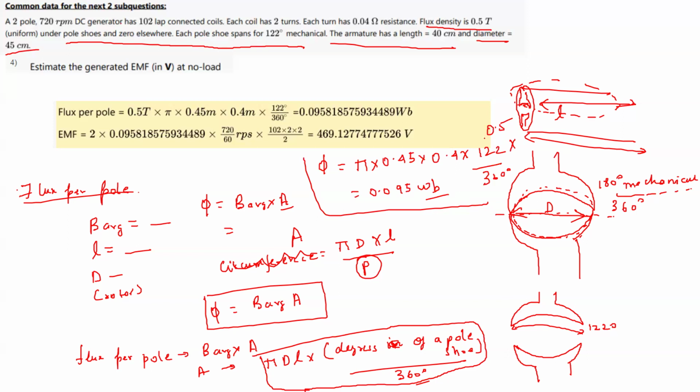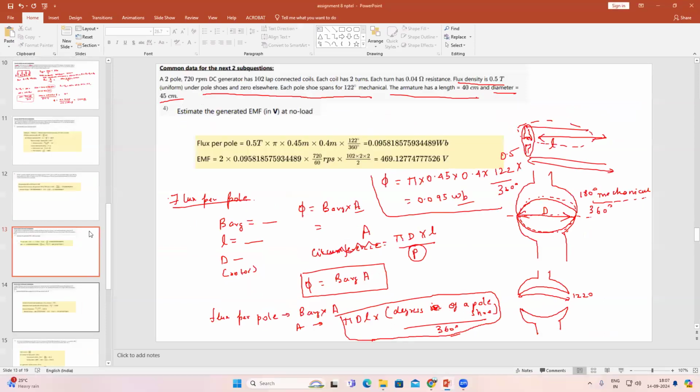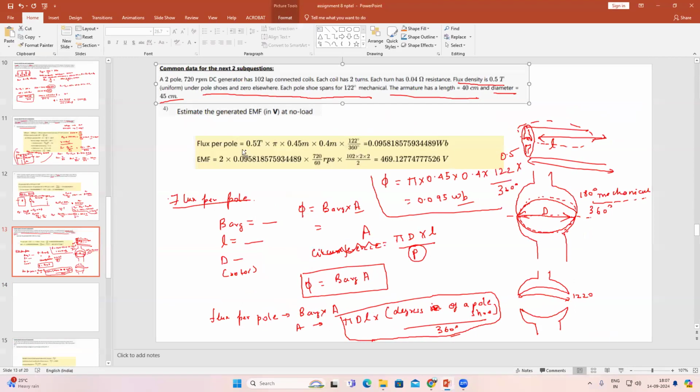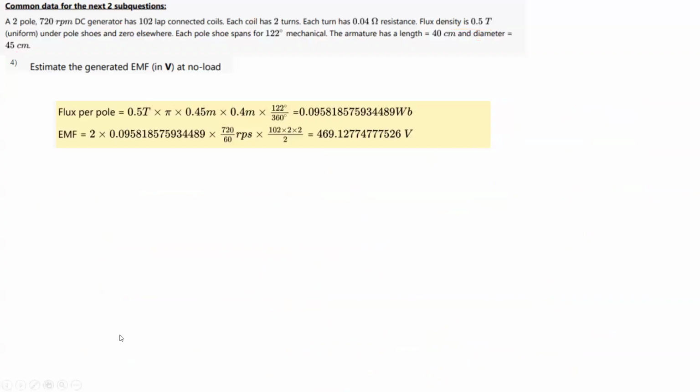Okay, now let us go to the next page, because here it is all crowded. So, okay, here the flux per pole is pi D L into B into degrees of pole shoe by 360.